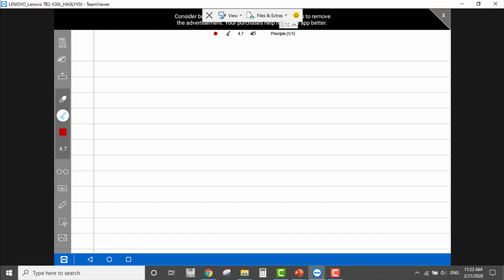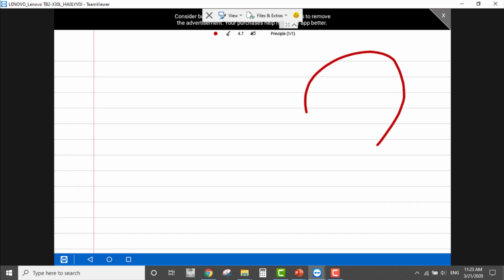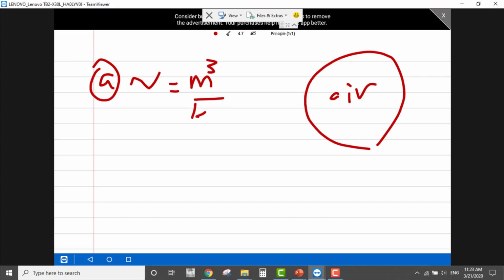Now the question is, we have a balloon filled with air, and this balloon is a spherical shape. Now we need to find out, first of all, the specific volume, which is small v, in unit of meter cube per kilogram. That means we need to find the volume of the occupied air divided by mass. Mass is directly given, but we need the volume.